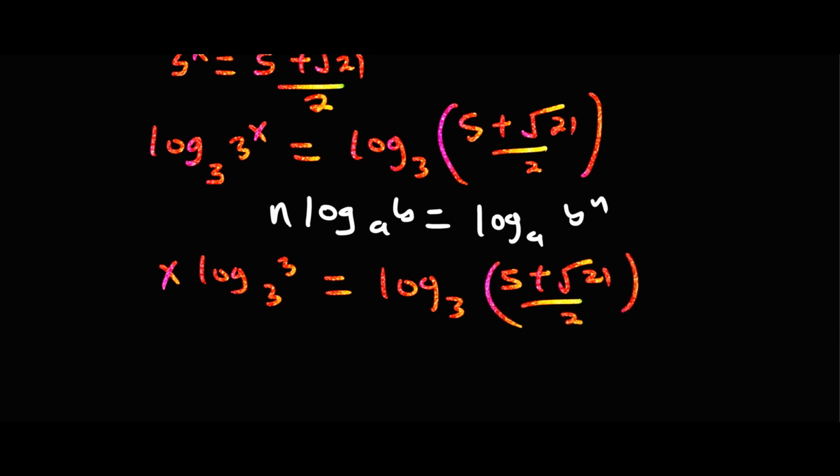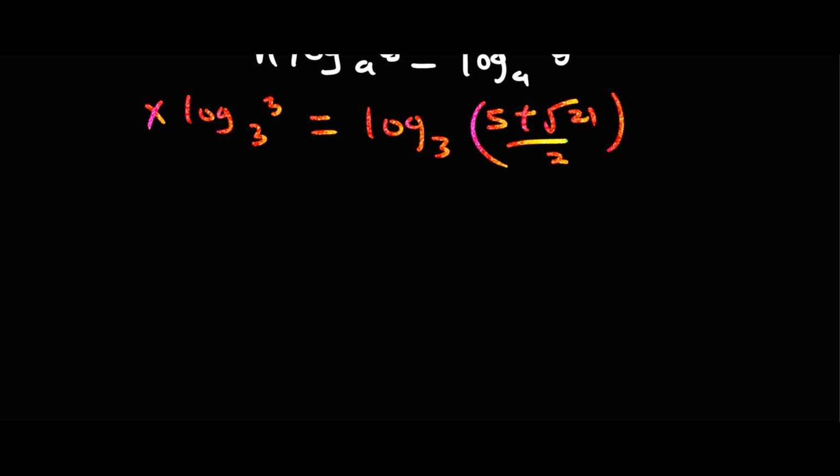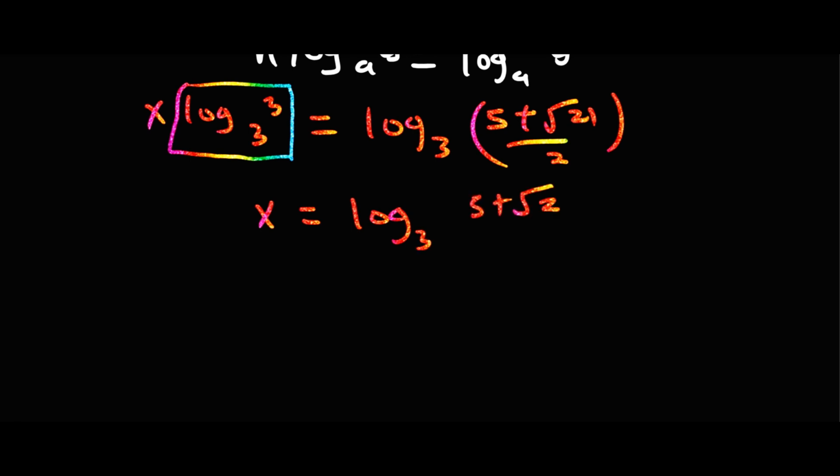Again, according to the laws of logarithms, when the base and the number are the same, that log is 1. So this portion here is equal to 1. So you have x is equal to log to base 3 of 5 plus root of 21 over 2 as our first value of x.